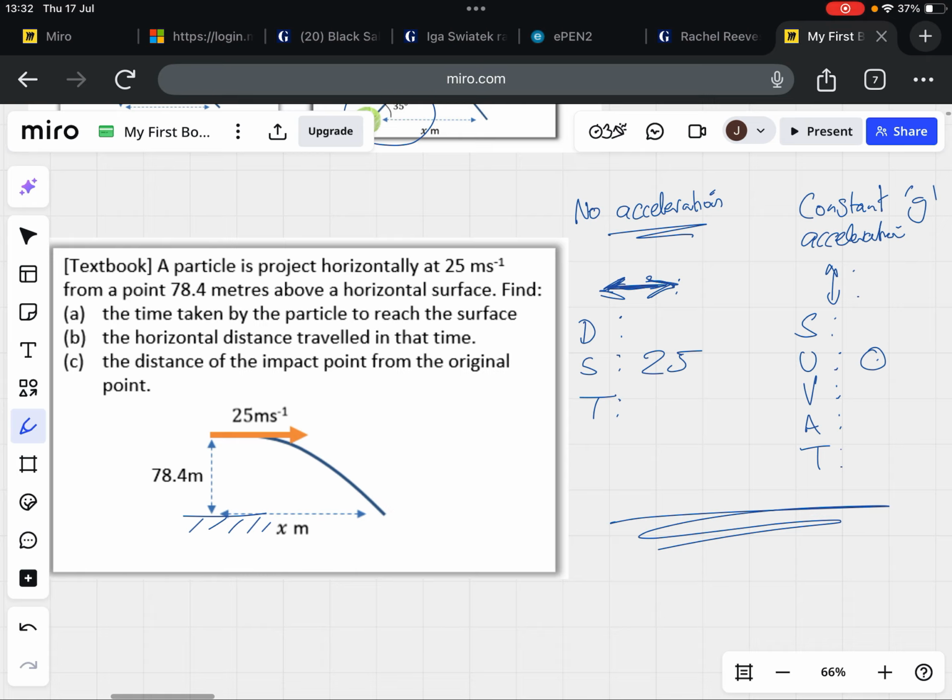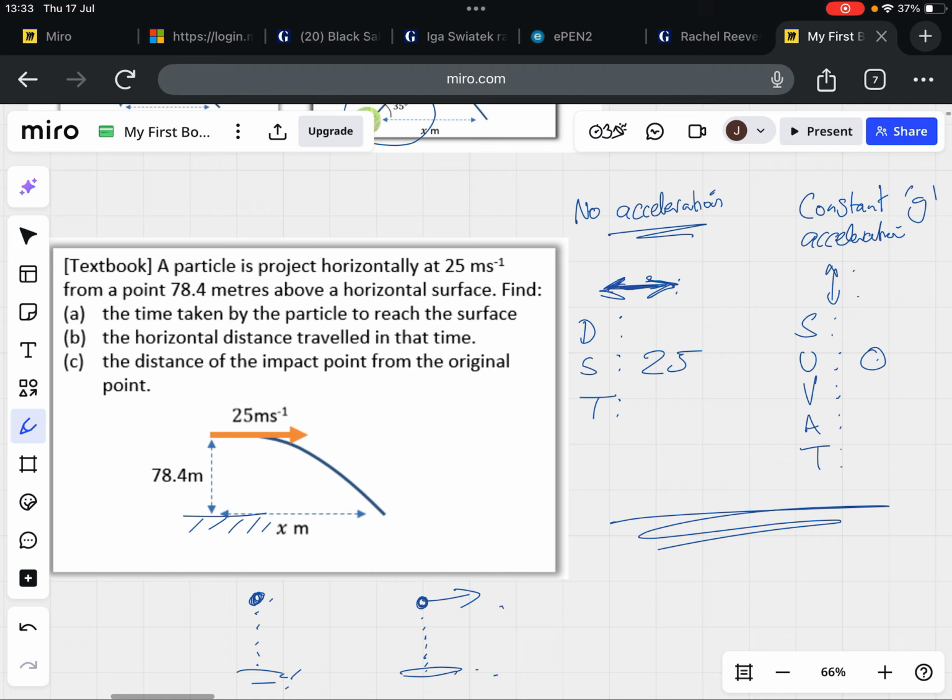An illustration I would give you for this, which is always a little bit mind-blowing at the start, is if you held a bullet in your hand versus if you fired a bullet from a gun. Unless the bullet's a ridiculous speed, which we're going to say it's not, they would actually both hit the ground at the same time. Horizontally, there's a big difference, isn't there? This one doesn't go anywhere left and right. This one goes very, very far.